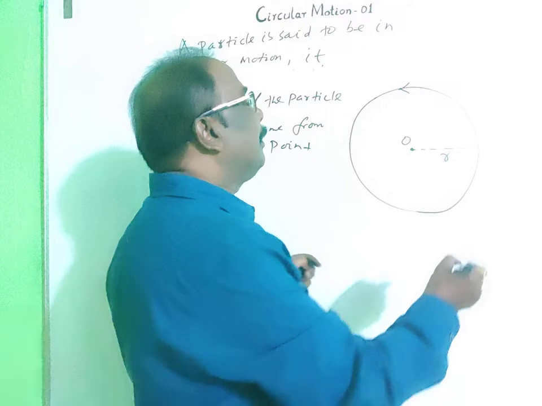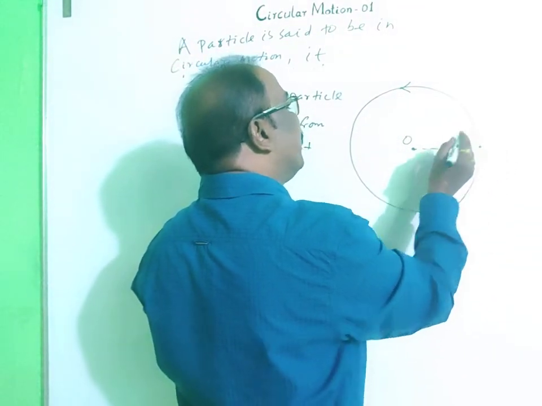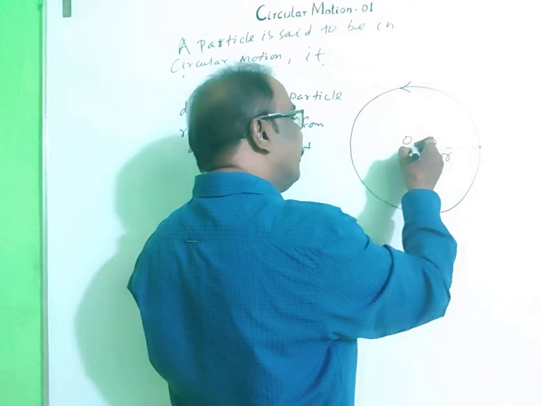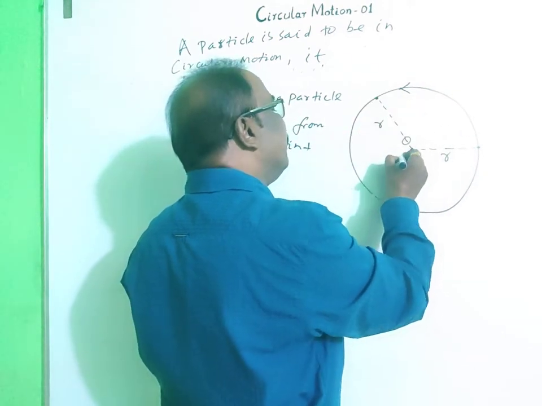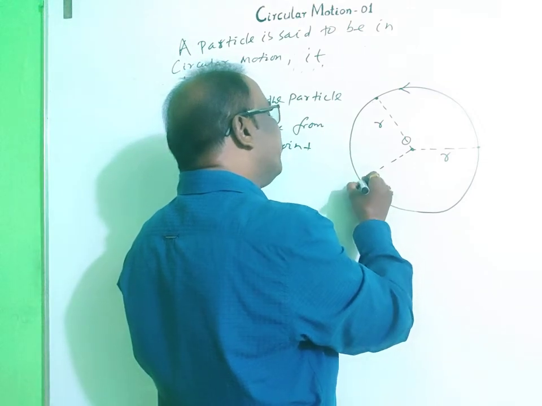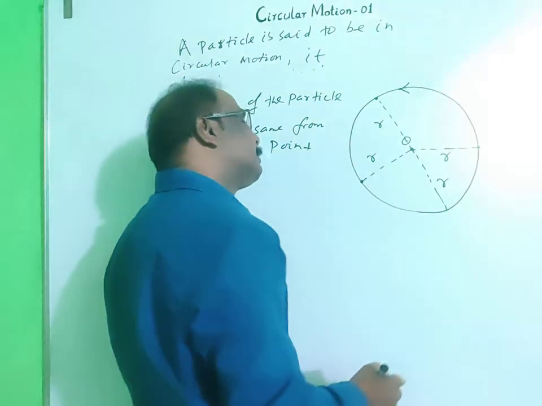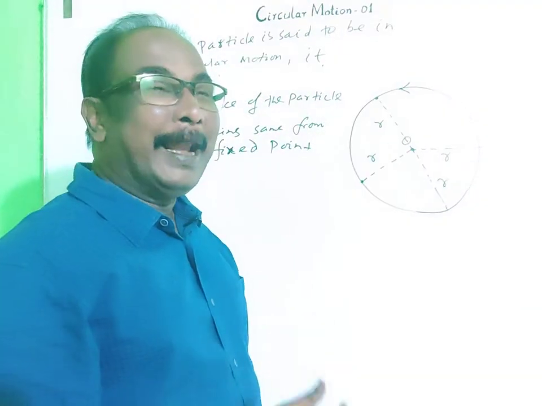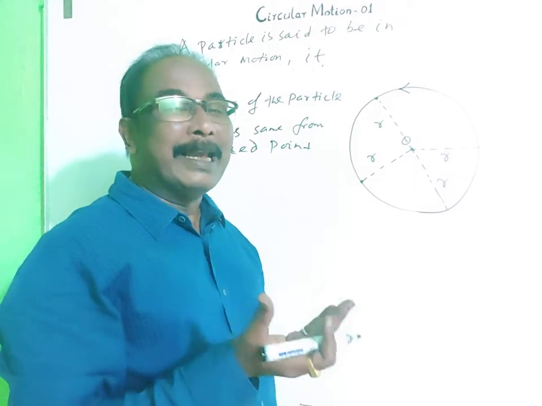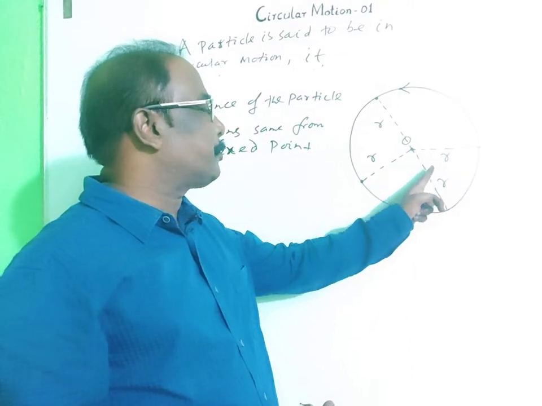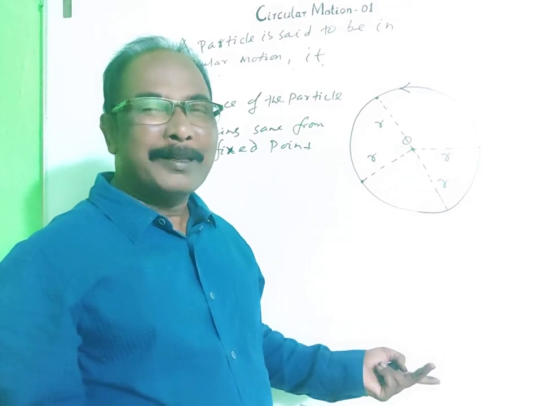So when the particle reaches at this point, then distance from center is R. And when the particle reaches at this point, again distance is R. When particle reaches at this point, distance is R, and so on. Here also distance is R. So wherever the particle is in circular track, distance from center, means distance from fixed point, is always same, means equals to radius of the circle.